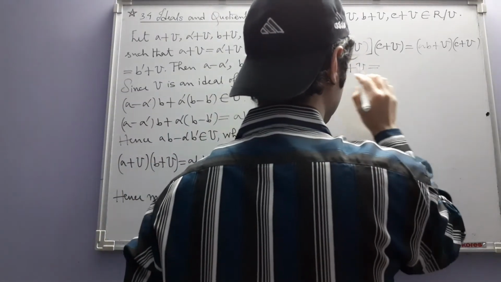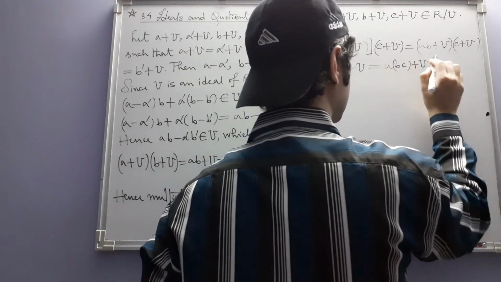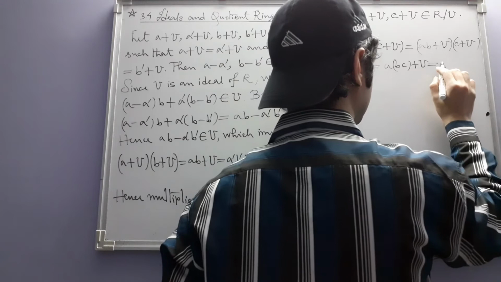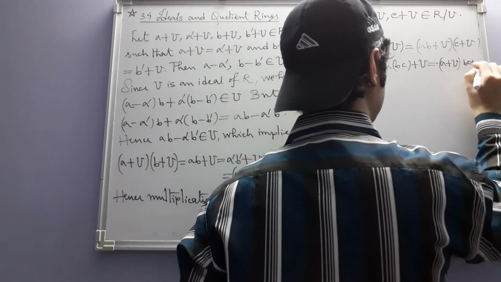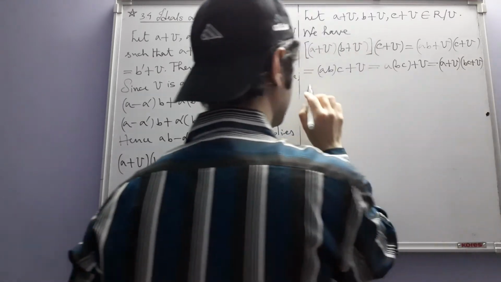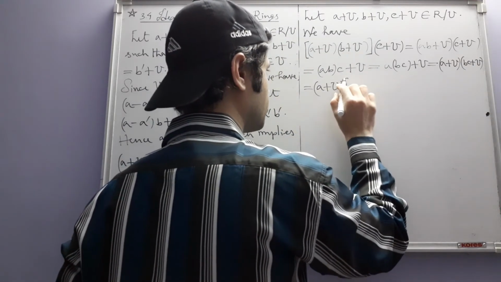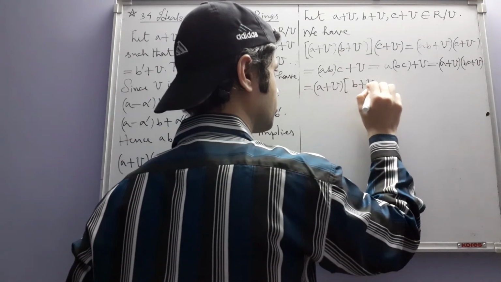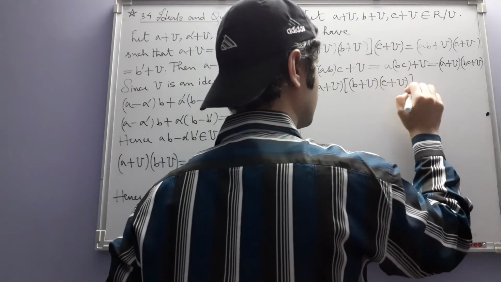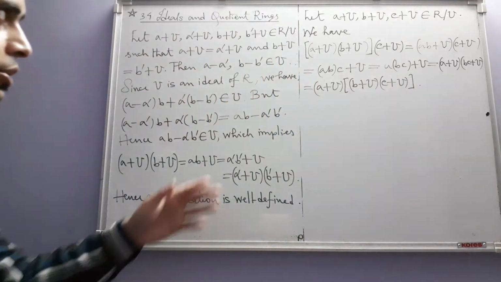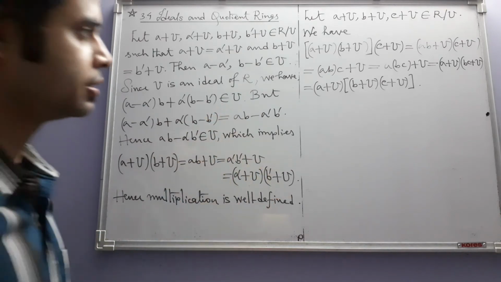So in place of this we can write a(bc) plus u, and that is equal to (a plus u) times (bc plus u). So this proves that multiplication in R by U is associative.